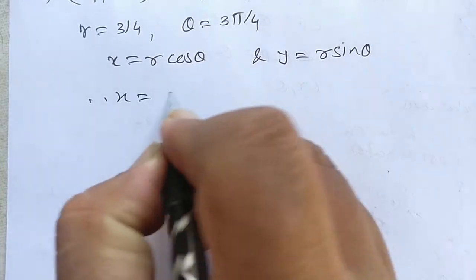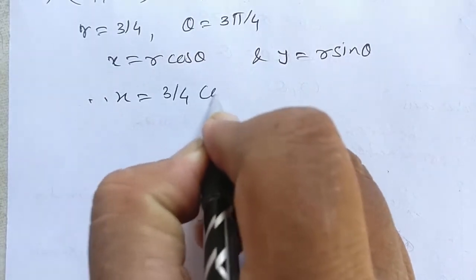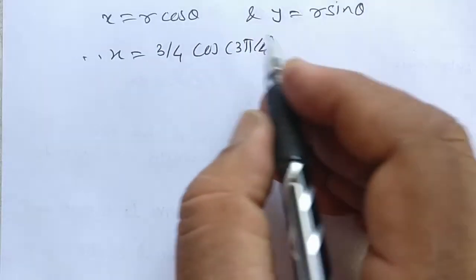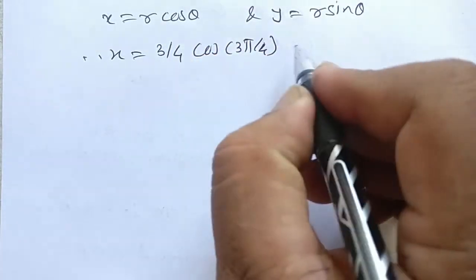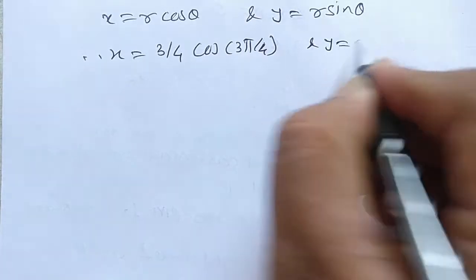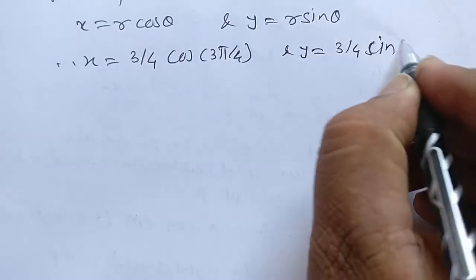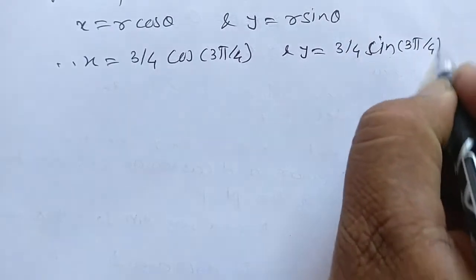Therefore, x is equal to 3 by 4 cos of 3 pi by 4, and y is equal to 3 by 4 sin of 3 pi by 4.